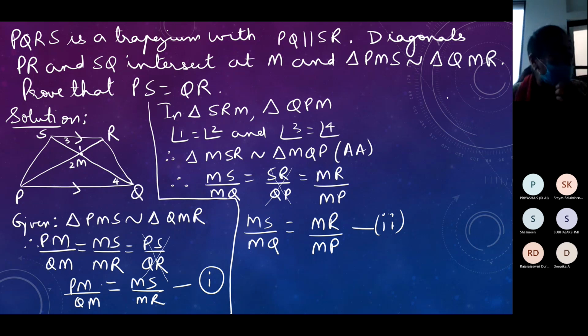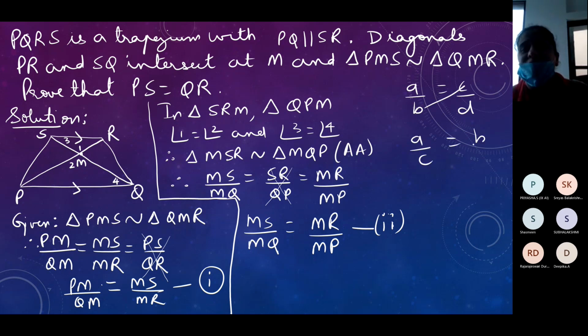They are properties of proportion. But for our syllabus, it's enough if you know alternando. How do you use alternando? If you have a proportion like A by B is equal to C by D, you can write it as A by C is equal to B by D. That's alternando, meaning you can bring the C down and take the B here.